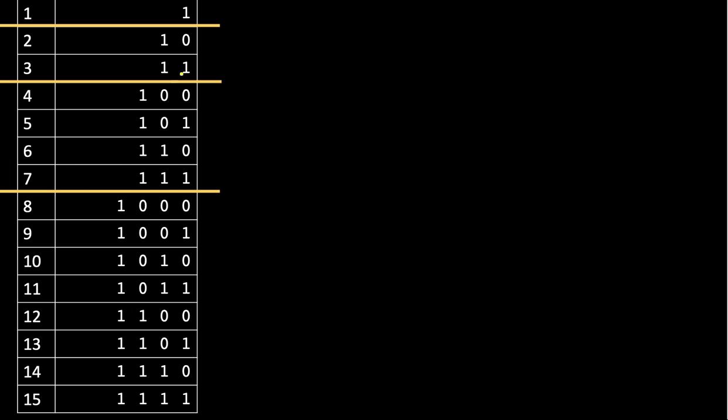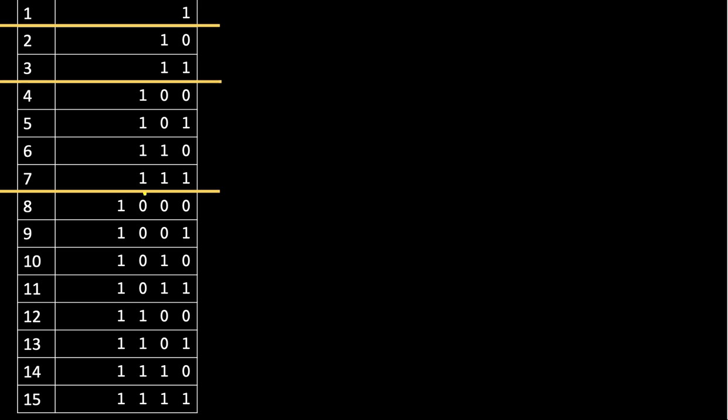So 0 and 1. Now let's look at this bigger range. If you look at the bottom half, you see 111, then 110, then 101, then 100. So if you ignore the most significant bit, these 3 bits are the same as these 3.